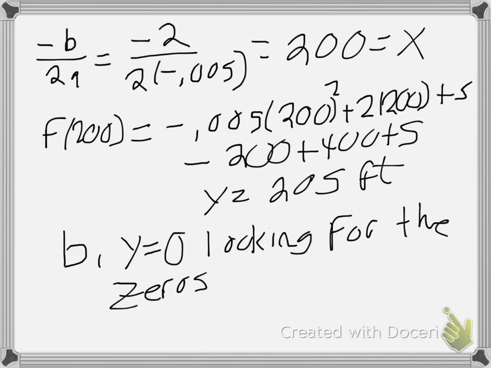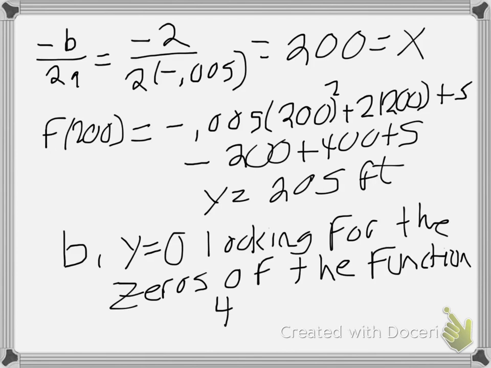And you know how to solve for the zeros, probably quadratic formula would be the best. And just to give you a goal, if you want to work this out, you should get 402.485 feet.